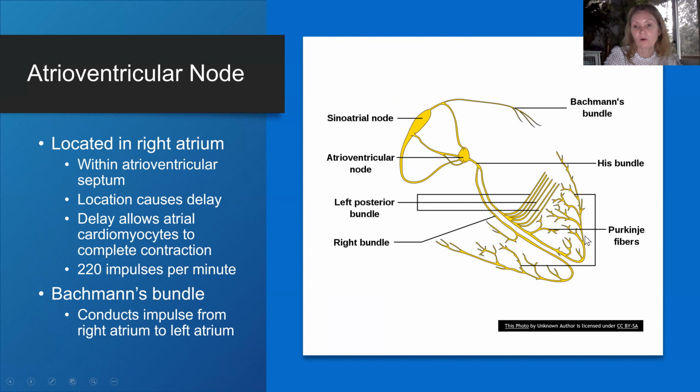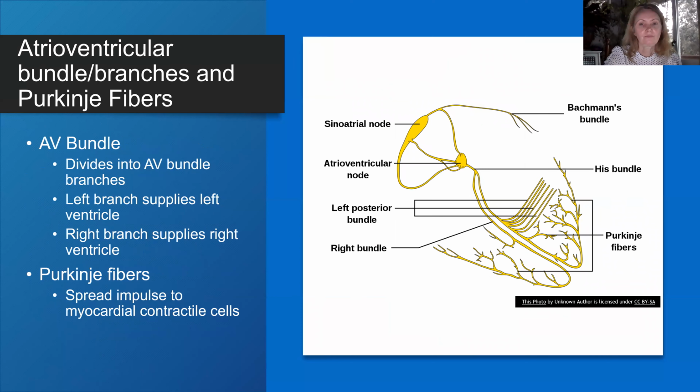And here we have all our Purkinje fibers that excite all the muscles of your ventricles, and then the ventricles contract. So the AV bundle divides into AV bundle branches. The left branch supplies the left ventricle, the right branch supplies the right ventricle, and Purkinje fibers spread impulses to myocardial contractile cells, those cells that will contract.